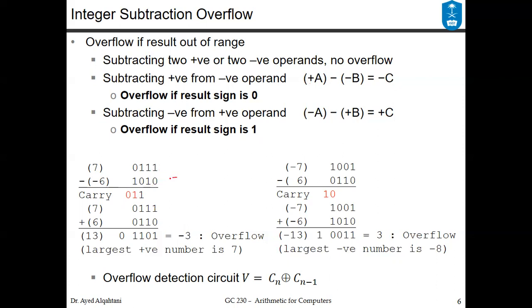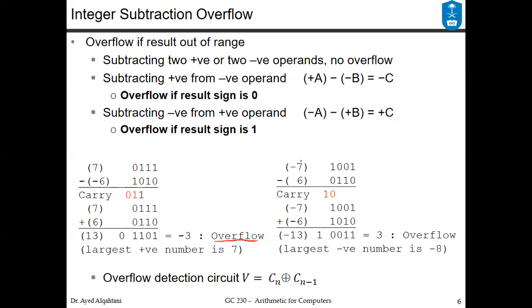We converted the second operand to its 2's complement, and we changed the subtraction to addition. So now the minus 6 becomes plus 6, and then we do the addition and we got a different sign from the first operand. So this case will cause an overflow for the same reasons.